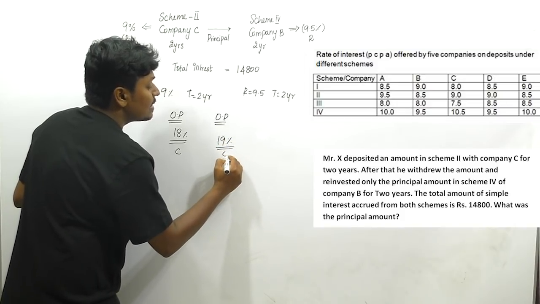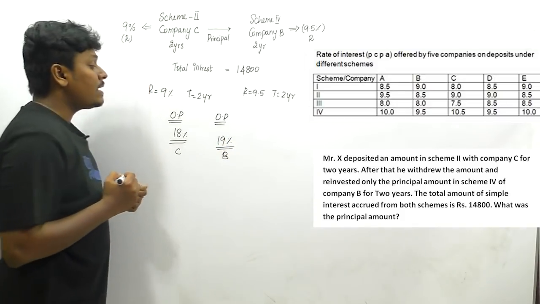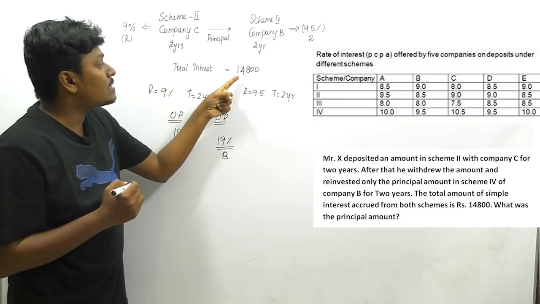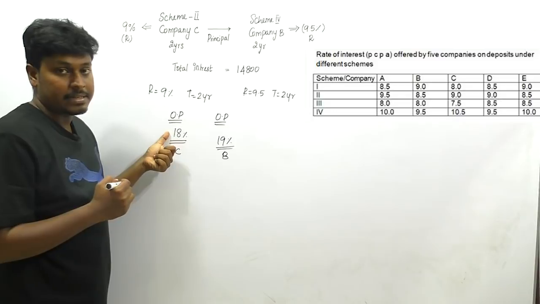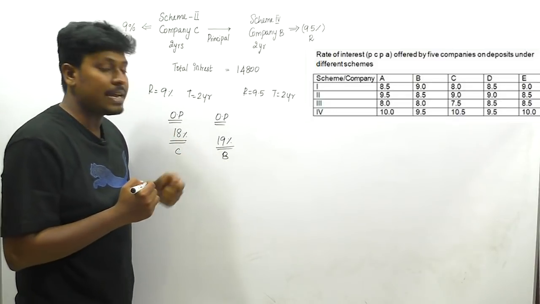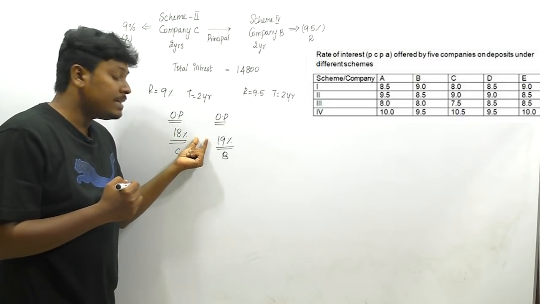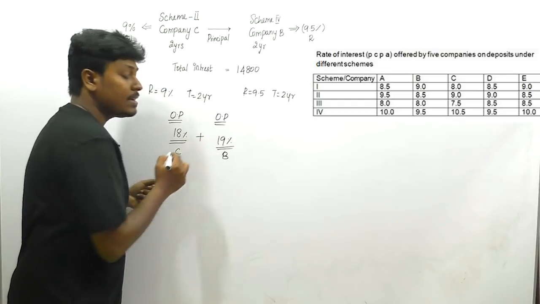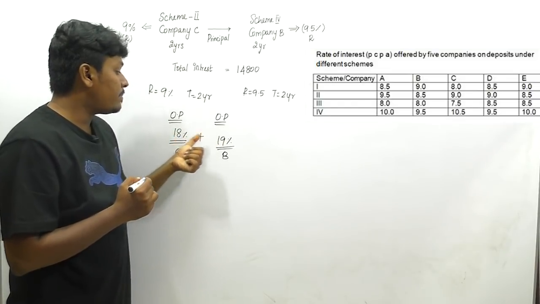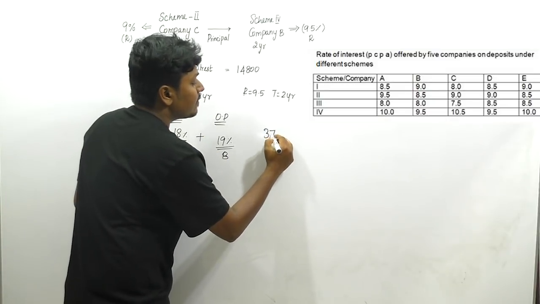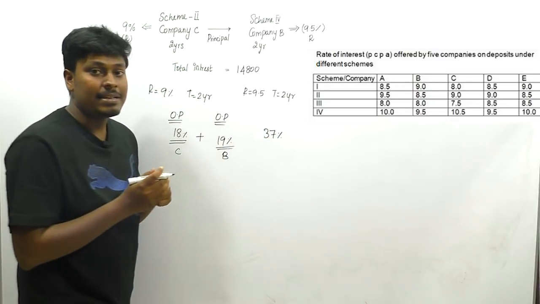This is called the second, that is company B. So friends, finally he got the interest 14,800, right? We know that for company C it is 18% and for company B it is 19%. When we add these two percentages, it results in the overall percentage, right? So the overall interest percentage, 18 plus 19, is 37%, the overall interest that he obtained.